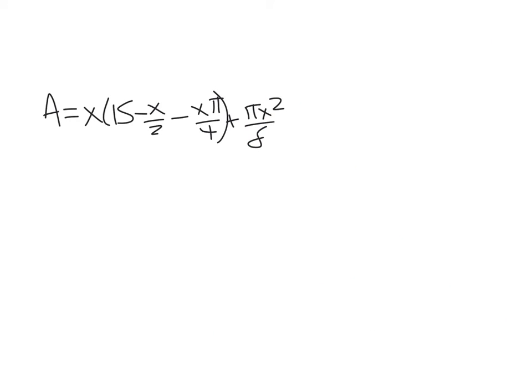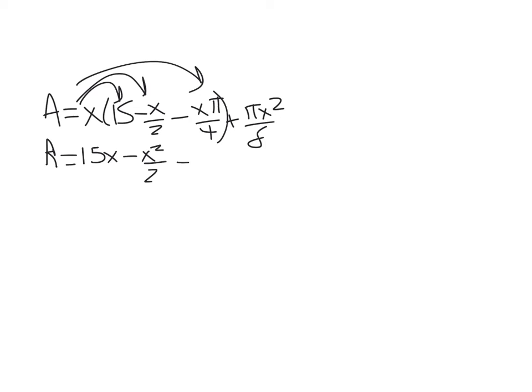To simplify this, we are going to start by using the distributive property with that x. We end up getting 15x minus x squared over 2 minus x squared times pi over 4 plus pi x squared over 8.